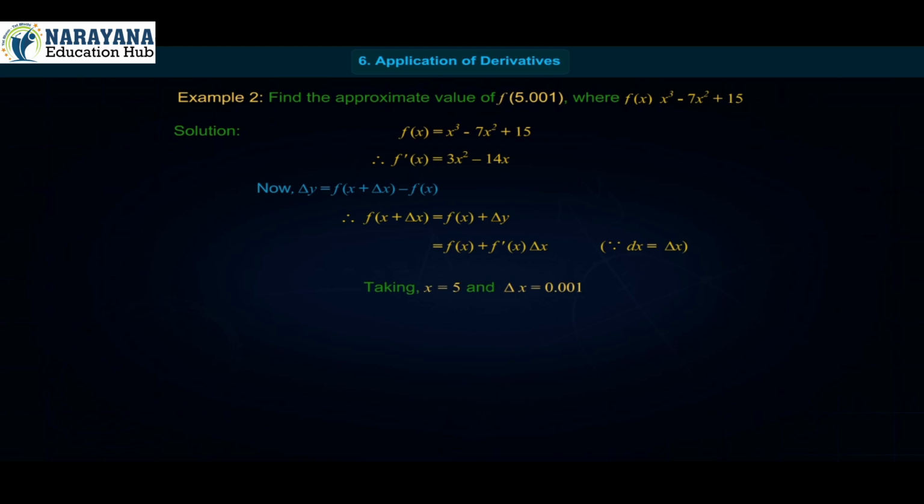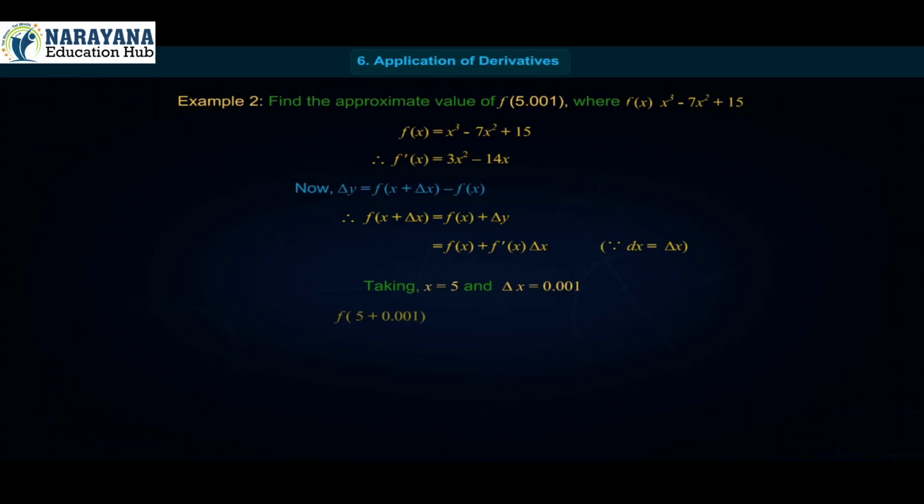Taking x is equal to 5 and delta x is equal to 0.001. f of 5 plus 0.001 is equal to f of 5 plus f dash of 5 into 0.001.